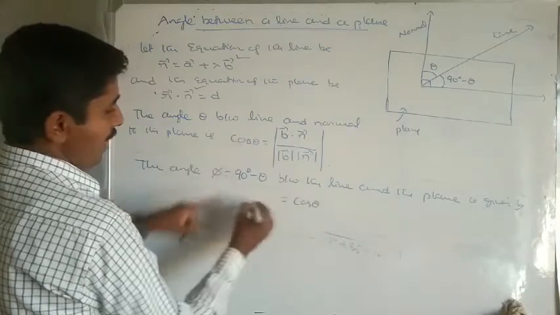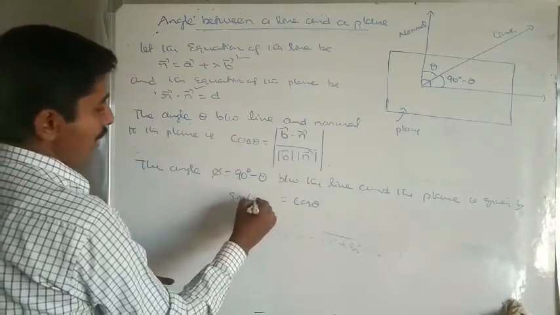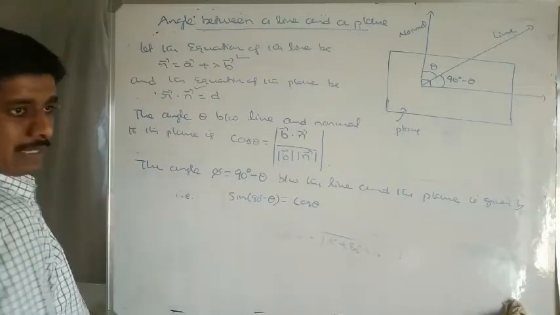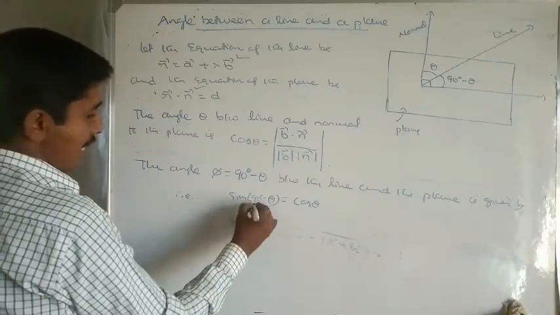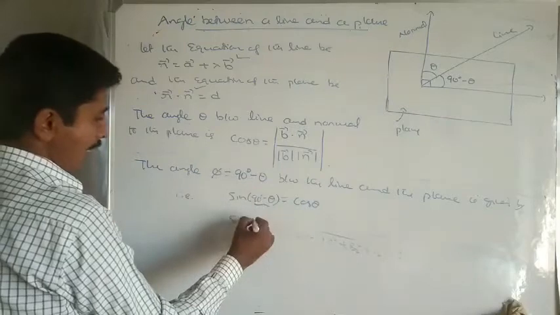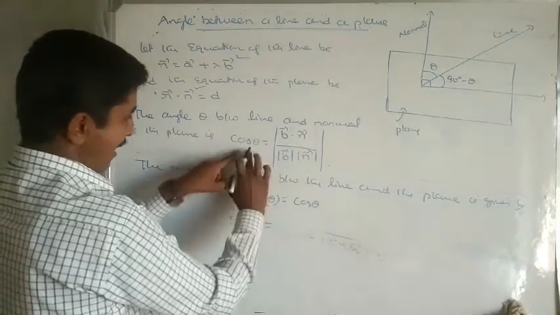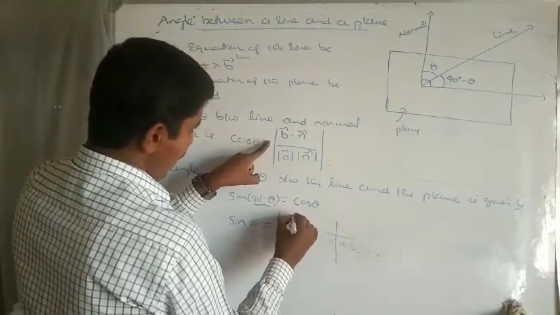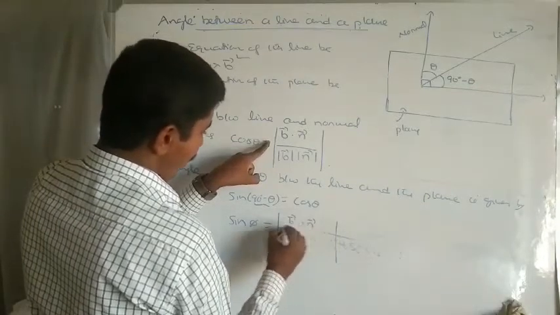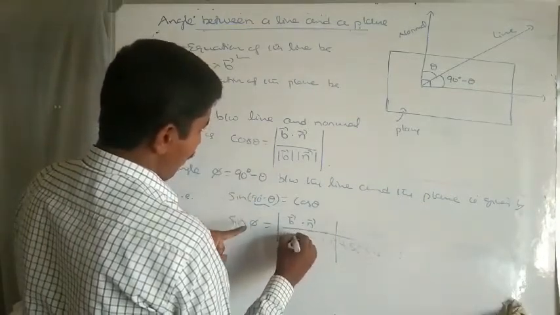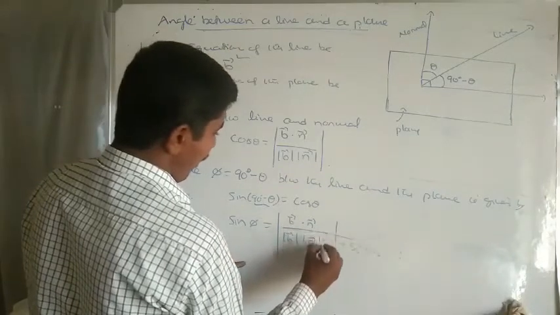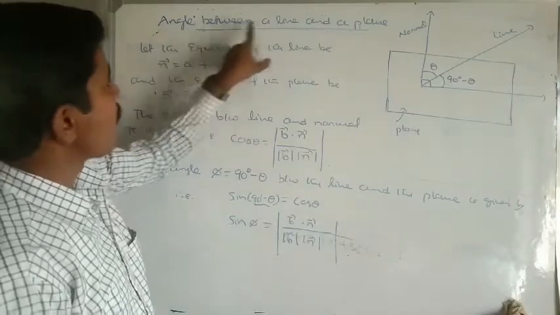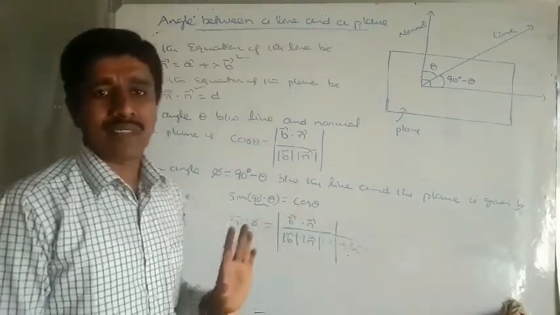You know that cos theta in terms of sine is sine of 90 minus theta. Here sine of 90 minus theta is sine phi, which equals cos theta. Substitute the cos theta formula directly: modulus of vector b dot vector n divided by magnitude of vector b, magnitude of vector n. This is the angle between a line and a plane. The formula is important, that's it.